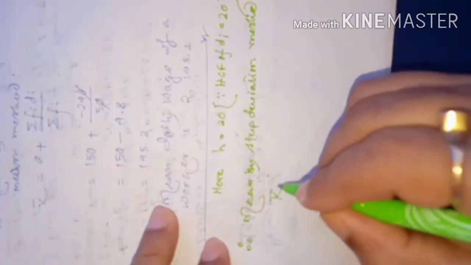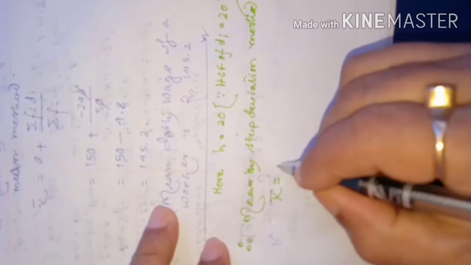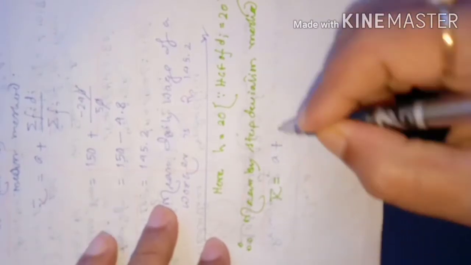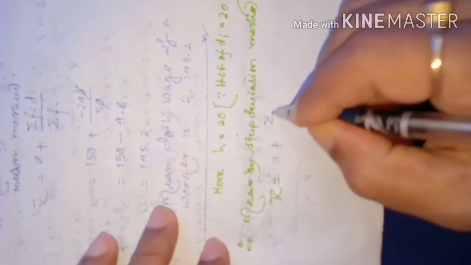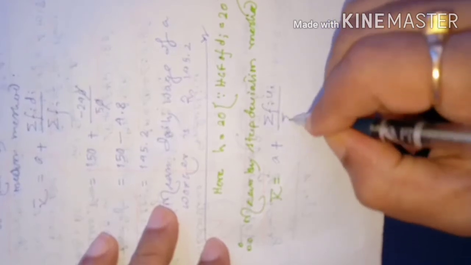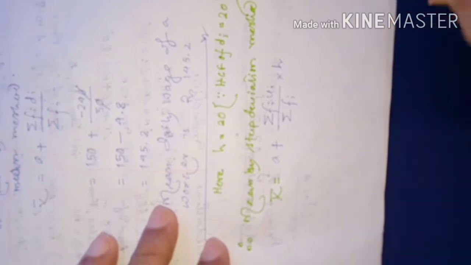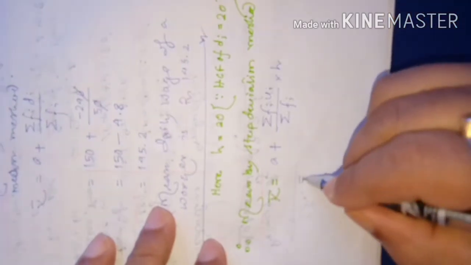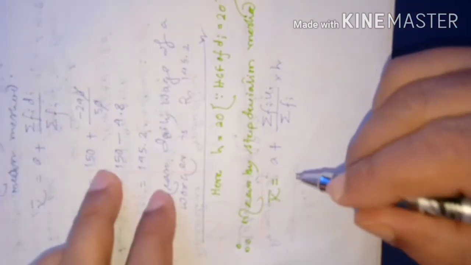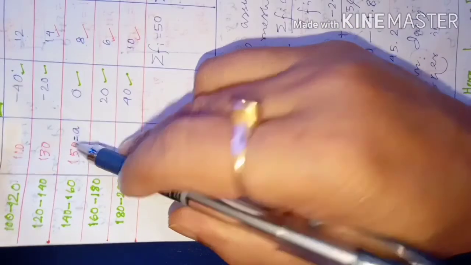X bar is equal to, the formula is just like this, A plus, this time instead of sigma FiDi, sigma FiUi divided by sigma Fi multiplied by h. Then it will be equal to A. What does A stand for? A is still the same one. A is 150.